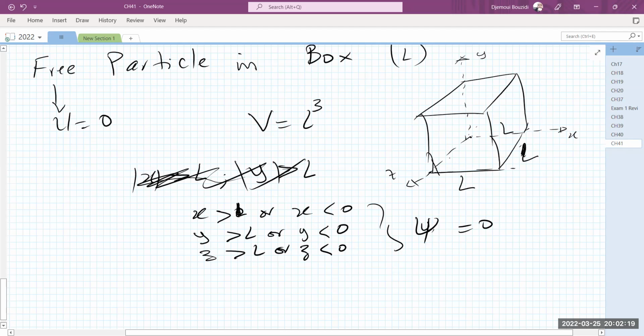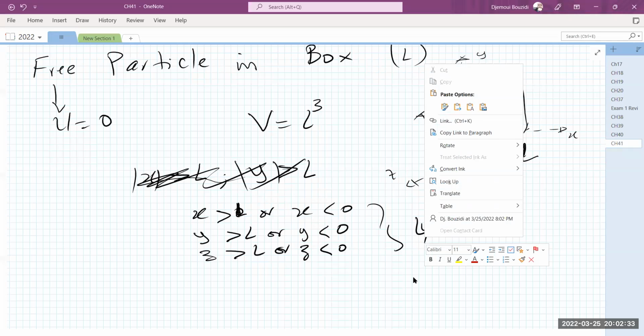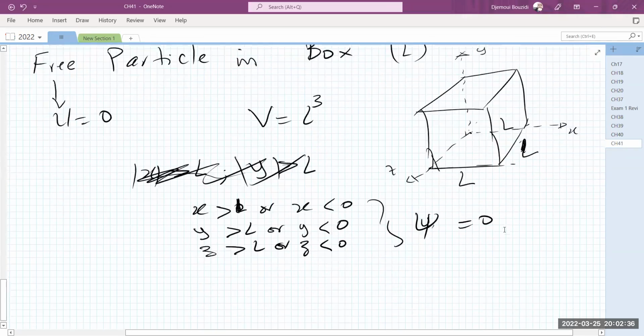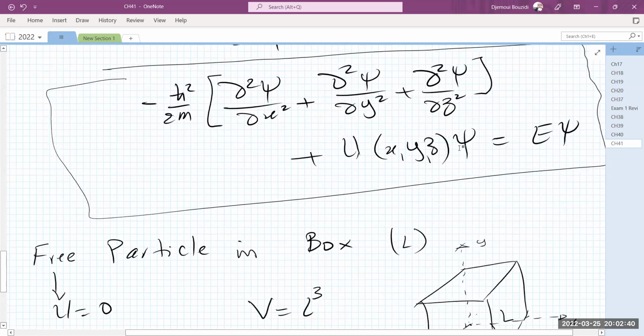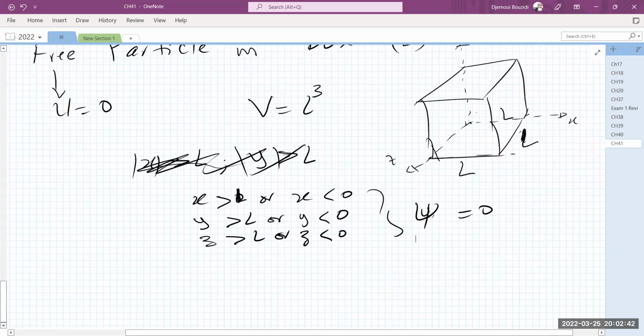X, Y, and Z, yes, correct. Okay, it has to be a right hand. So this is where the particle is trapped. Anything outside of this box, the function psi itself is 0. So the particle cannot exist outside of the box. This is important because we're going to impose our boundary conditions on our particle and force it to be in this box. So again, let's write this equation and see how it looks now.